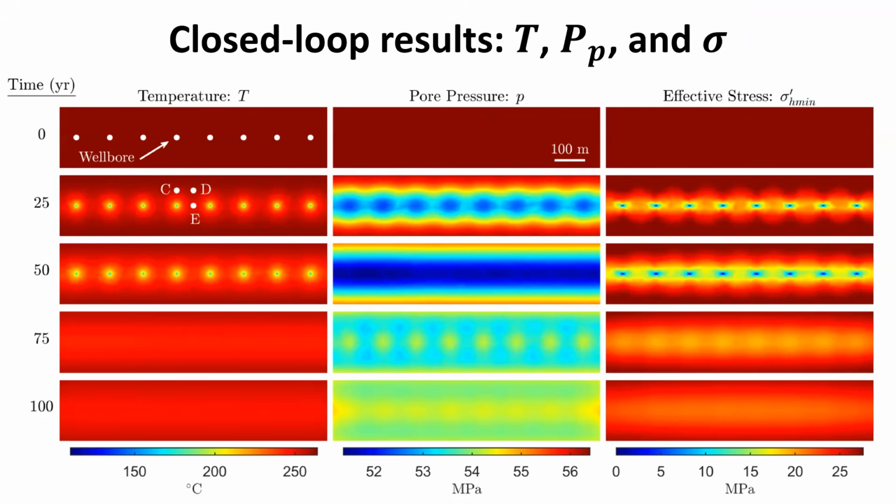But the rock is cooling, but the fluid is cooling more. No, let me rephrase that. The fluid is shrinking more than the rock, and that is what causes a decrease of the pressure. This is what we call the undrained condition.